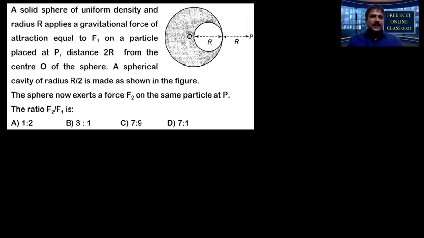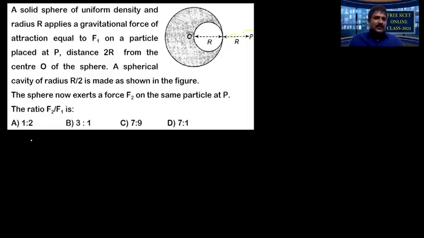The center of the sphere is O. The particle is placed at P at the right side corner, and R is the distance of the particle from the sphere, but from the center it becomes R plus R, because R is the radius of the sphere. Firstly, the initial force between the entire sphere before taking the cavity.